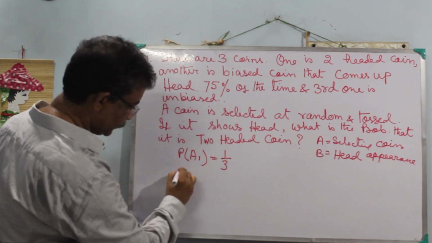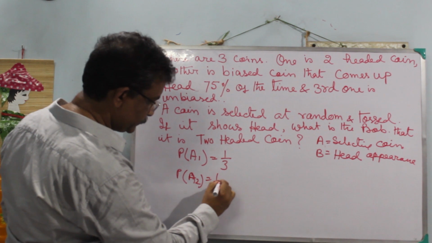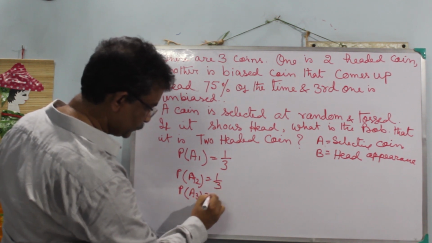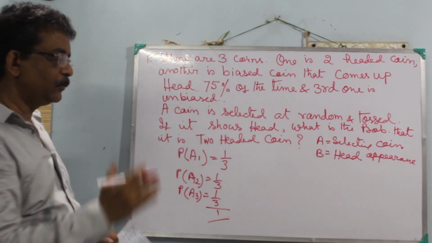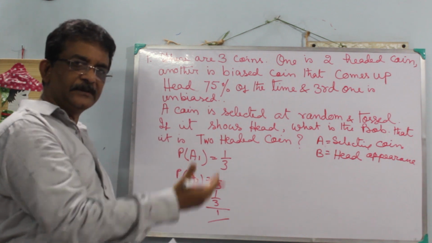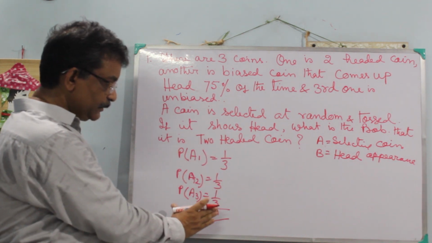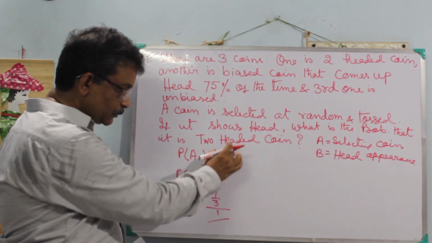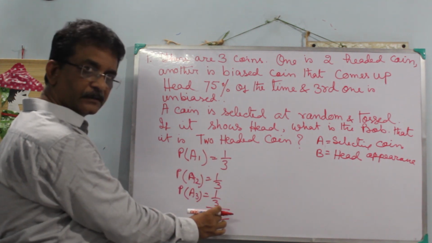Probability of A2 is also 1/3, and probability of A3 is also 1/3. So see, the total is 1. Always for applying the Bayes theorem, you make a chart and take the left side, the event, where the total probability of the event must be 1.